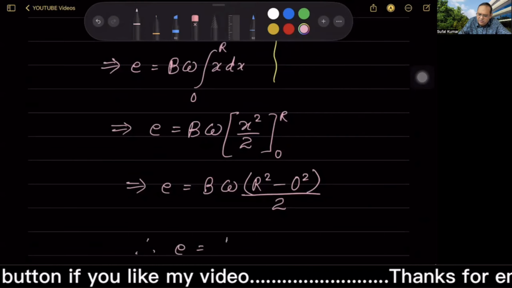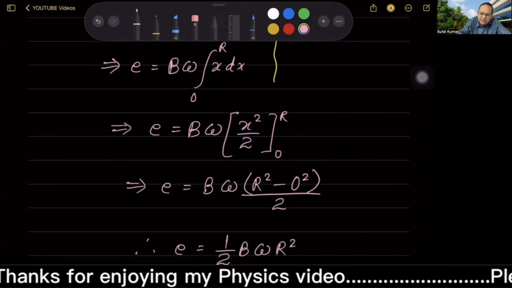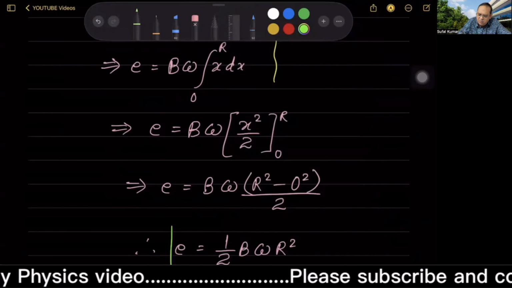Therefore, E is equal to half B omega R square, and it is very, very important.